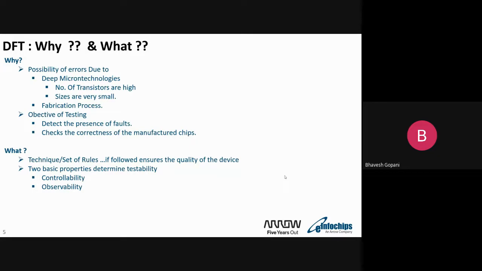If I want to test each and every node of these gates, I need to have some vectors. How easily can I control each and every node from the input side, placing values 1 or 0 at the specific node, and how can I observe it on the output side? These two things are very important when DFT comes into the picture. So testability is equal to controllability plus observability. The whole DFT works on these two properties.